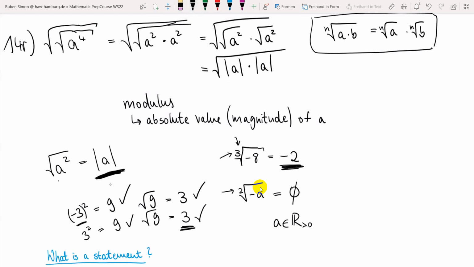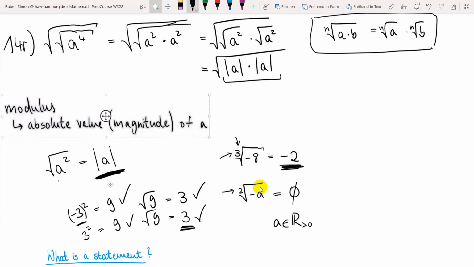Okay. But now there's another thing. What is the product of modulus A and modulus A? Modulus A whole square. Yes, okay, you could think of this as modulus A squared. Yes, that's true.